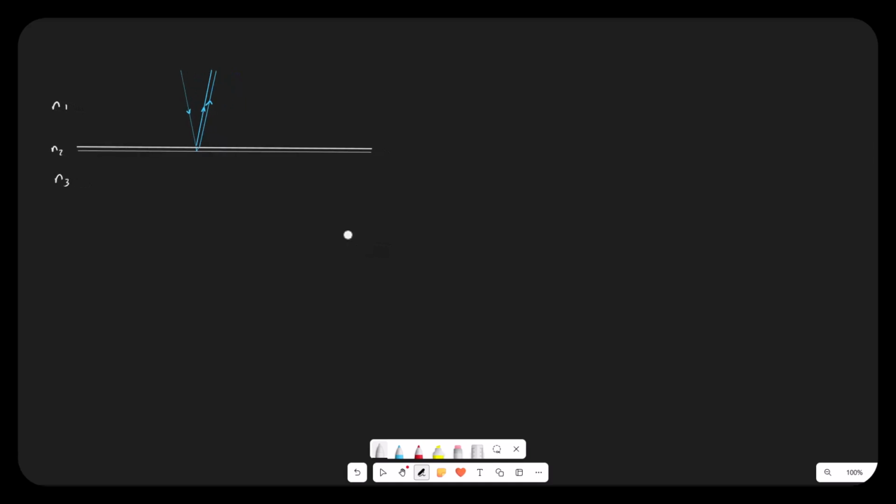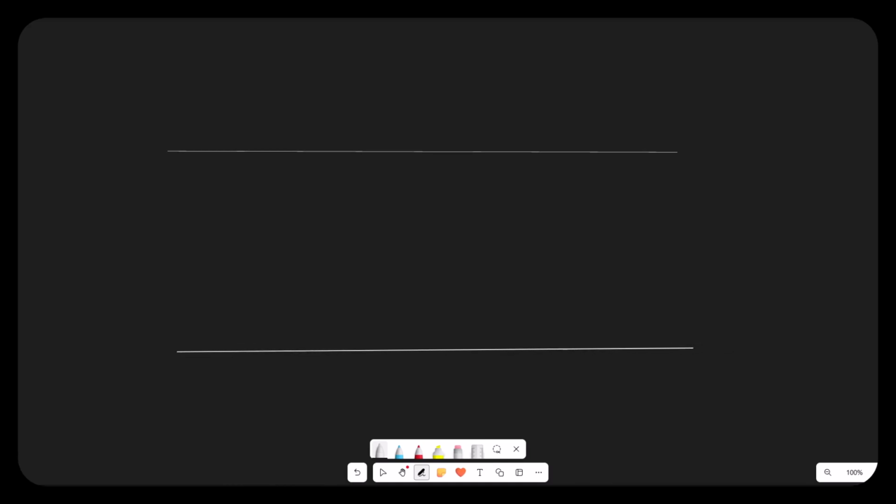So I want to take this space right here and blow that up and look at just what's going on there. I have something like this, and I have up here my N1, in the middle my N2, and on the bottom my N3.